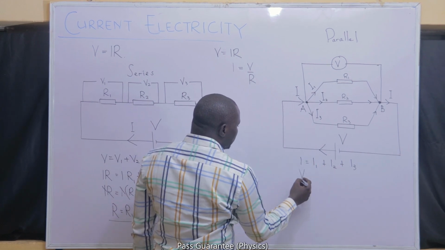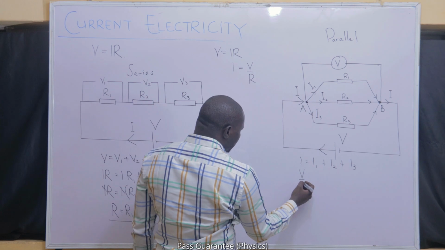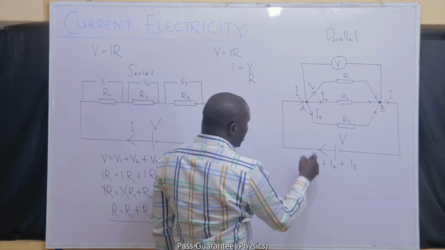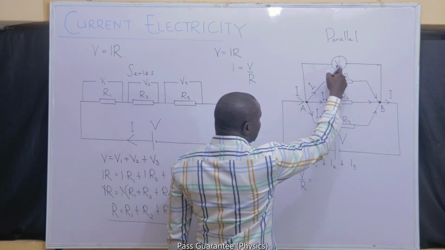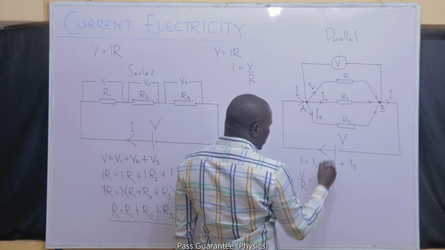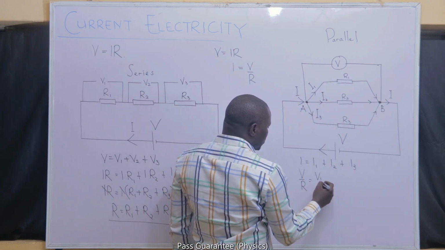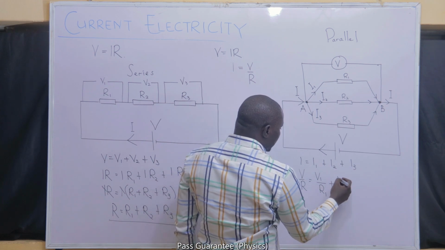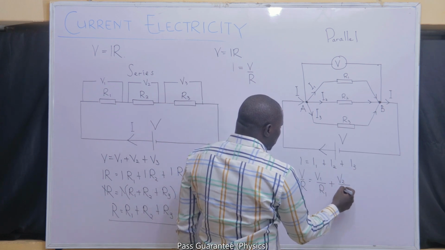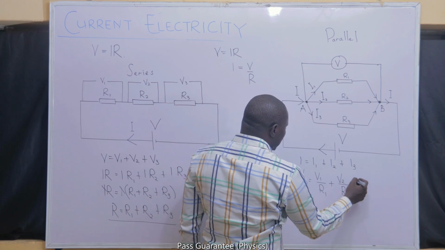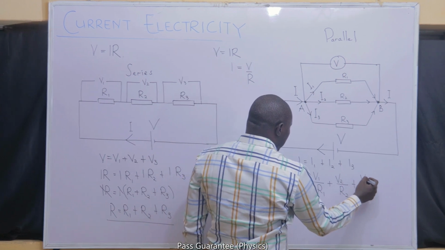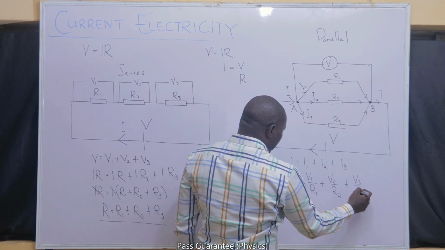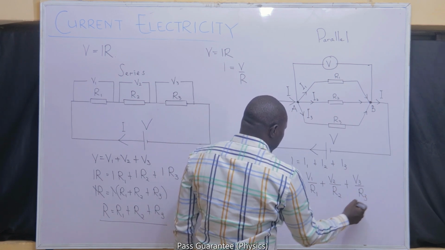It will be the total voltage all over the total R is equal to, for I1, the current value when the voltage is V1 and the resistance is R1. I2 is the current value when the voltage is V2 and the resistance is R2. I3 is the current value when the voltage is V3 and the resistance is R3.